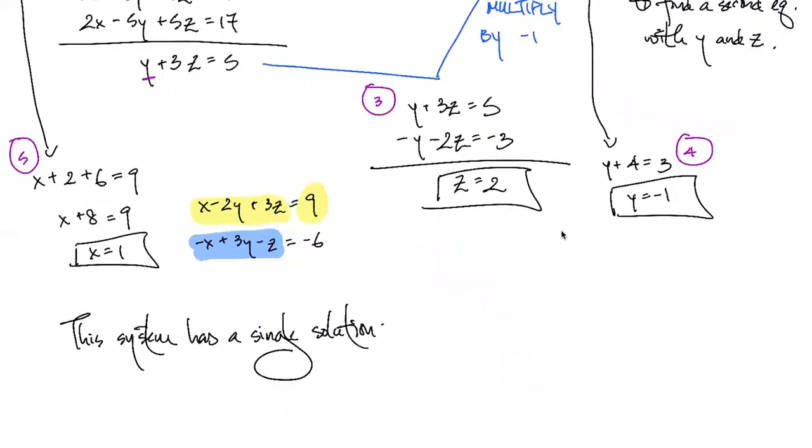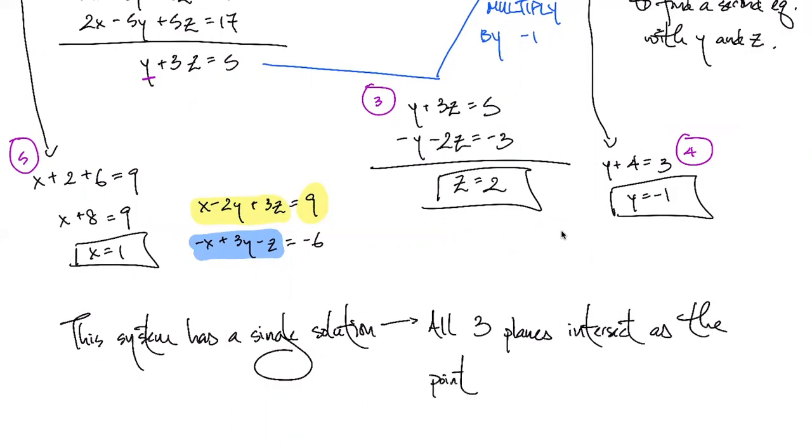And what that means is all 3 planes, or like all 3 sheets of paper, intersect at the point 1, -1, 2, all right?